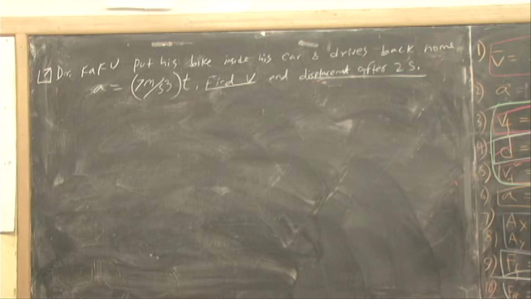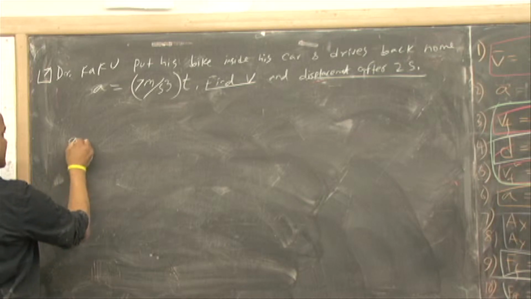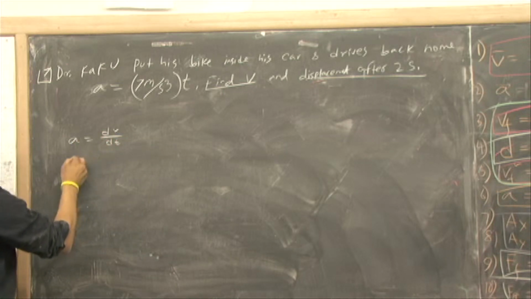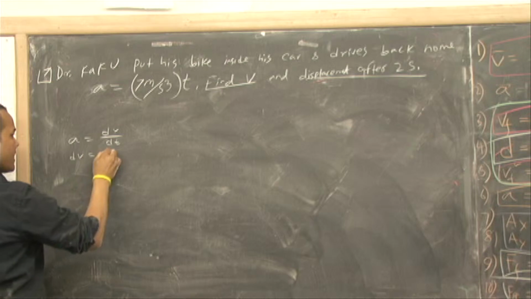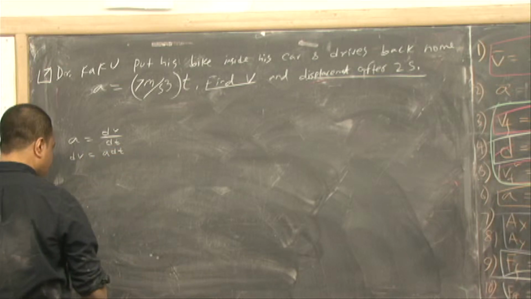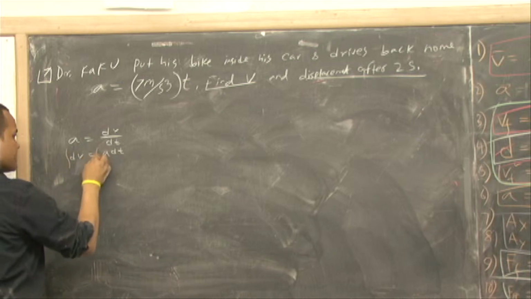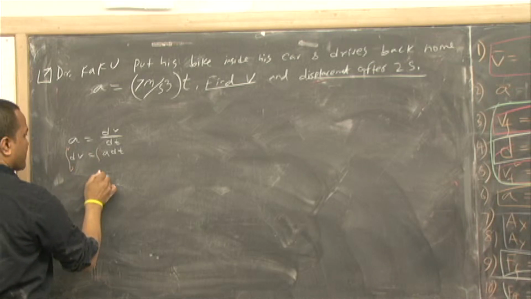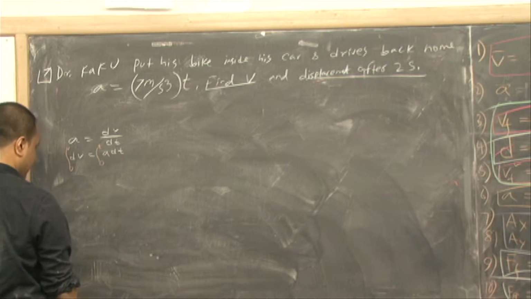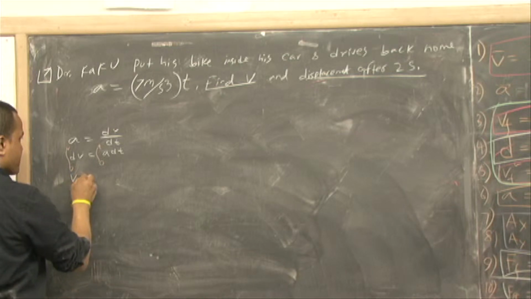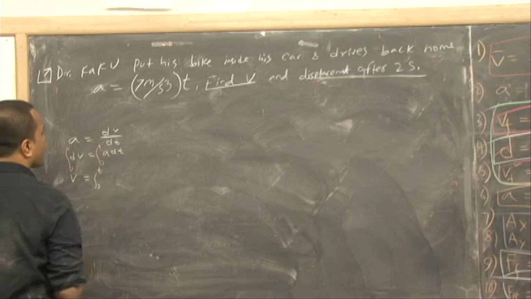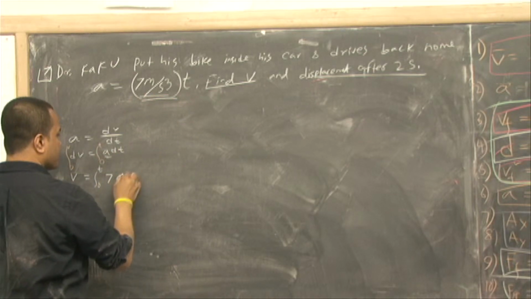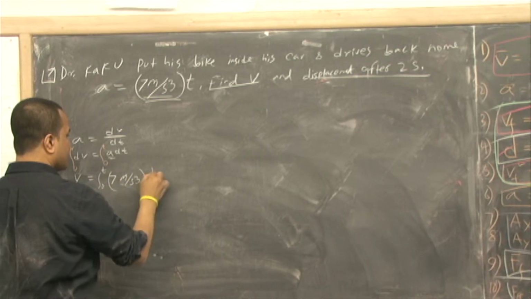So this comes in handy. We know that acceleration is dv over dt, and we do the cross multiplication, we get dv equal to a dt. Now if we take the integration of both sides, from 0 to v and from 0 to t, we simply get v equal to the integral from 0 to t of a, which is 7 meter per second cubed, times t dt.